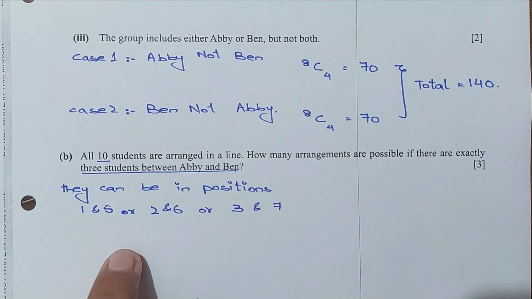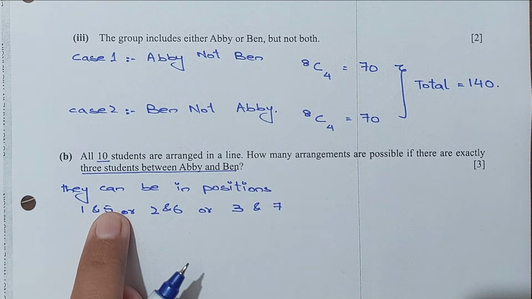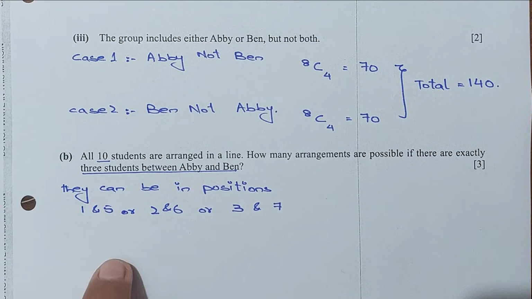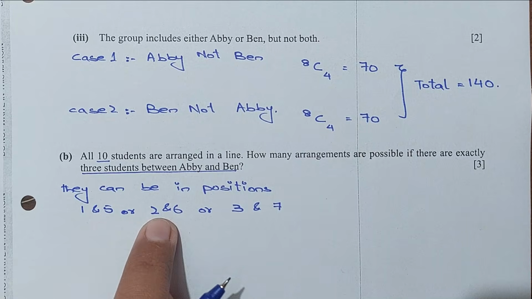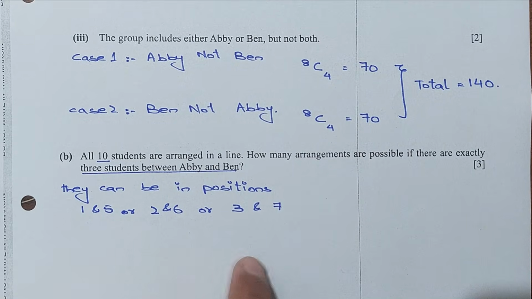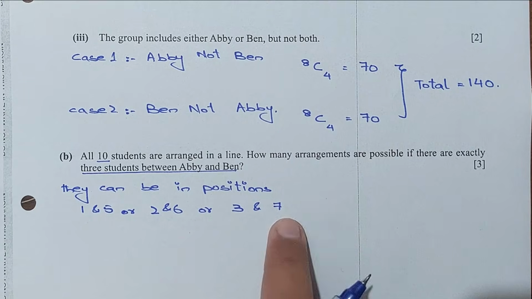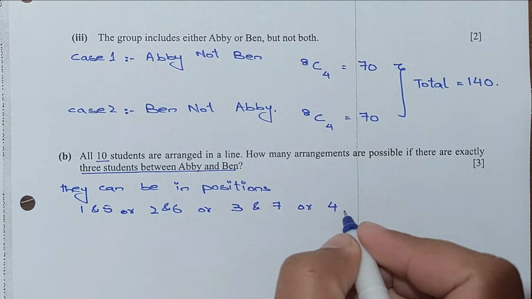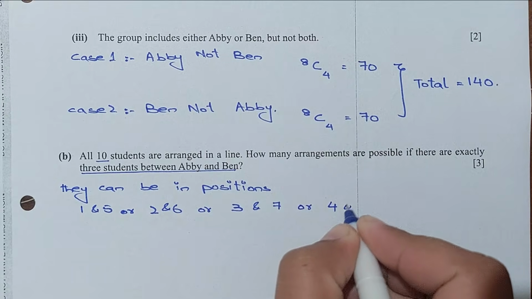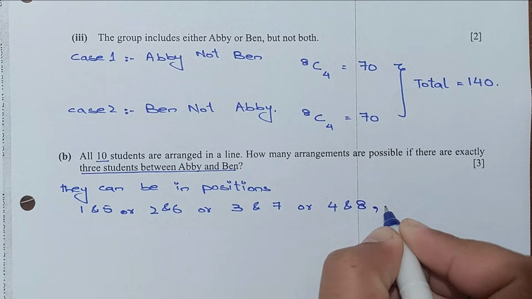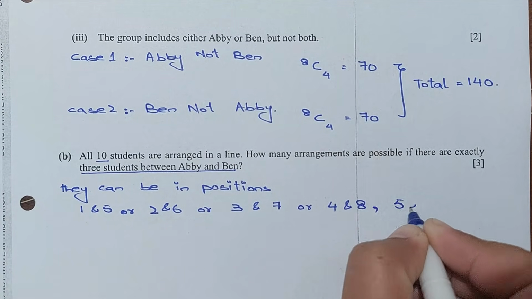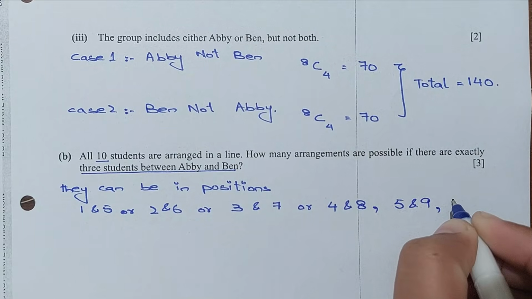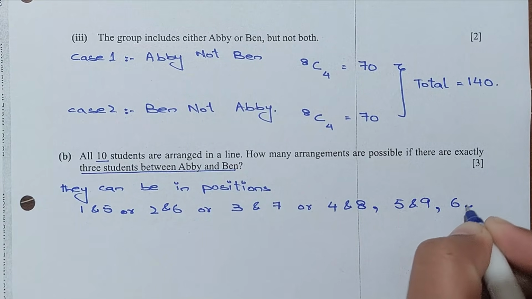So at 1 we have 2, 3, 4, and then 5. At 2 we have 3, 4, 5, and then 6. At 3 we have 4, 5, 6, and then 7. Or 4 and 8, or we can say 5 and 9, and 6 and 10.